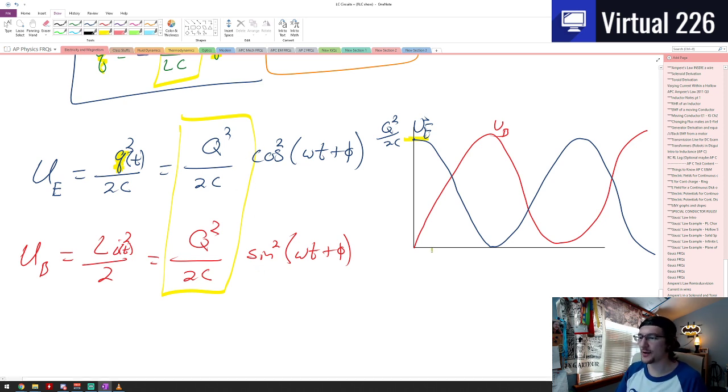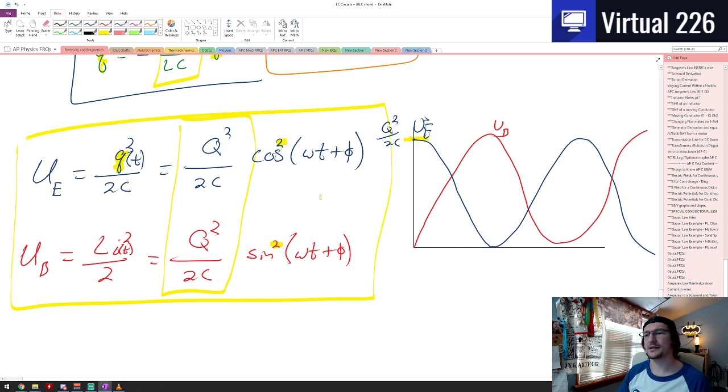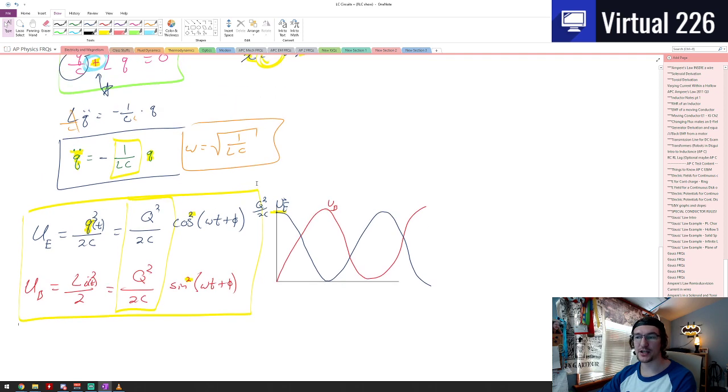One other note: notice how I didn't make these values negative. I didn't make these values negative because cosine and sine here are squared. So whenever you get your value out, let's say it was negative, you're going to square it, and it's going to kick up to positive, which is kind of a neat thing about that. So we really don't see these equations too often, but it is important to recognize that the energy stored in the E field and B field of the inductor for an LC circuit are indeed changing with time.